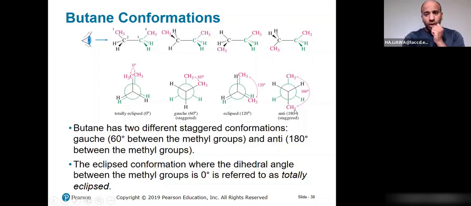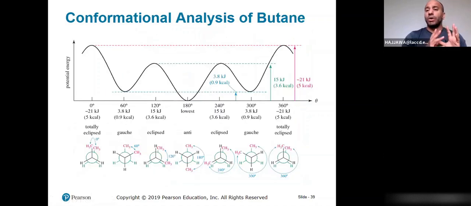Now, keep in mind that when you are asked a question about an energy diagram, the highest points are the ones that are more energetic than the lowest points. So if I start with the 0 dihedral angle between the two groups, I will see it highest in terms of energy. Why?